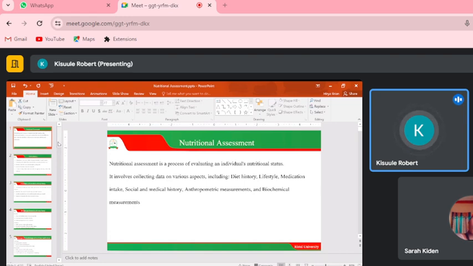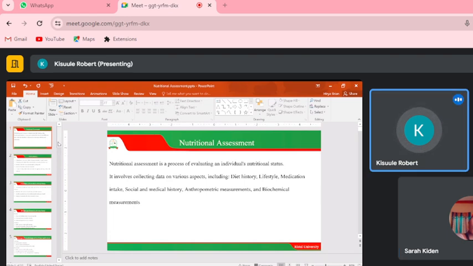From nutrition assessment to nutrition diagnosis, then nutrition intervention, then nutrition evaluation and monitoring. So, friends, today we'll interest ourselves with the first step. However much we have looked at the third step, you will get a way of organizing them when you're discussing or when you're having them stored in your brains.